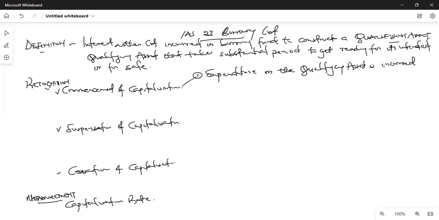So when the expenditure on the qualifying asset is being incurred, that is one. The second condition is that the borrowing cost itself is also being incurred.